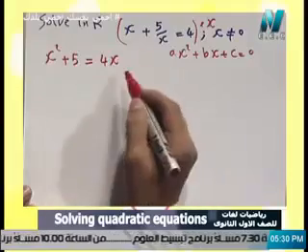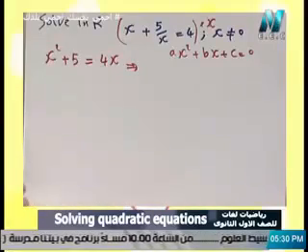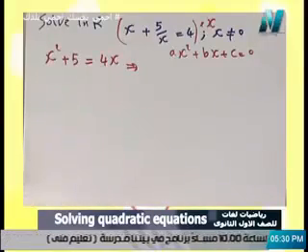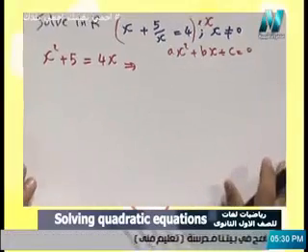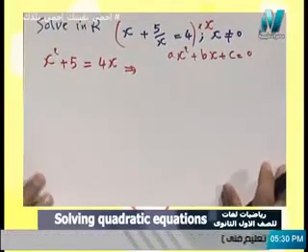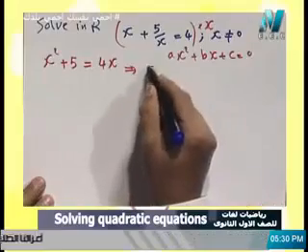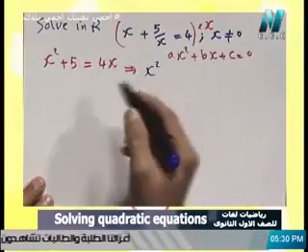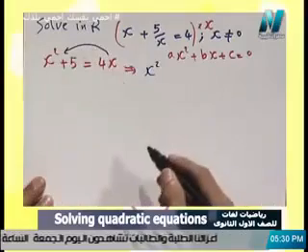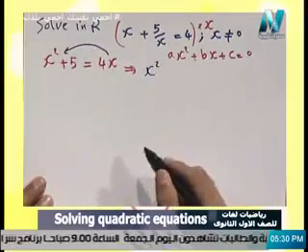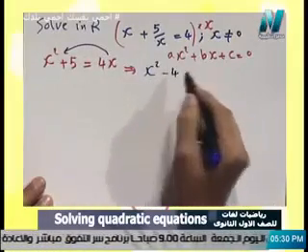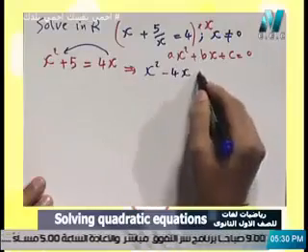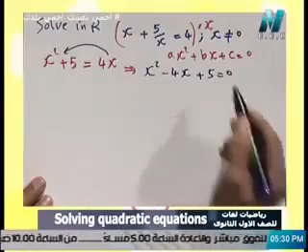And we will put this equation in this form. To put this equation in the form, it will be x power 2, and we transfer 4x here to be negative 4x in the middle, plus 5 equals 0.